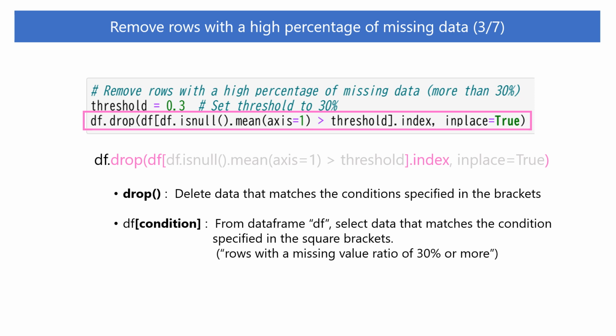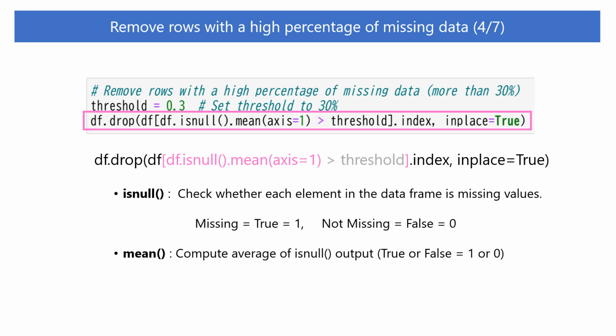In this case, the condition for deletion is rows with a missing value ratio of 30% or more. So we write the code for this condition in the square brackets. Now let's focus on the condition specified in the square brackets. First, let's focus on the part isnull().mean(axis=1). isnull checks whether each element in the data frame is missing.